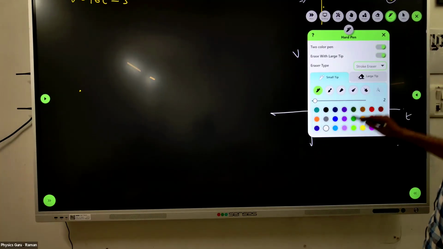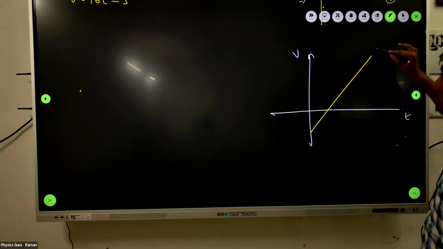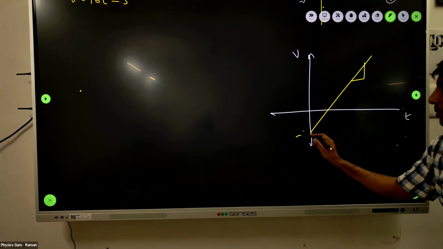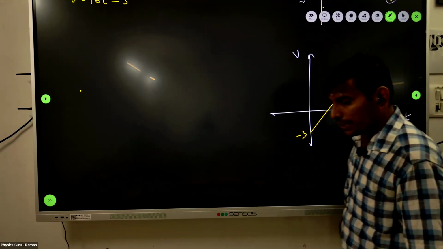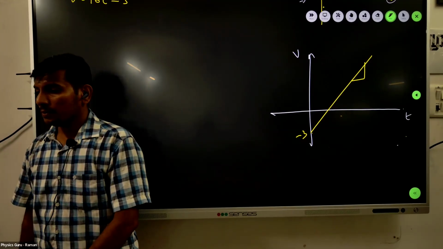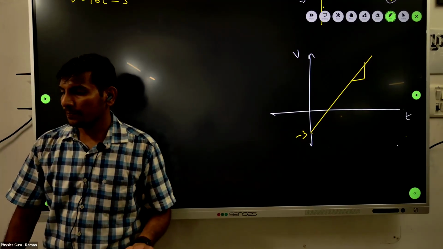On the x-axis we have time and on the y-axis we have velocity. Even if you plot it this way, the answer will come. At this point you mark -3. The other day we learned x-intercept and y-intercept individually. Do you remember, Ria? Now we are applying it. Yes, sir.